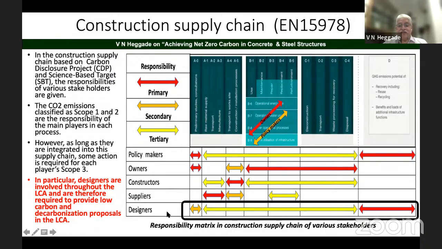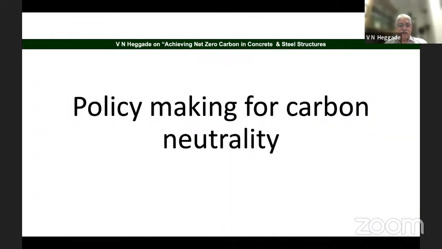Similarly, the designers have the cradle to cradle boundary system. In some cases it is a tertiary responsibility, some cases it is the primary responsibility, and in some cases the secondary responsibility. The policymakers as well as the designers play a very important role in achieving carbon neutrality.